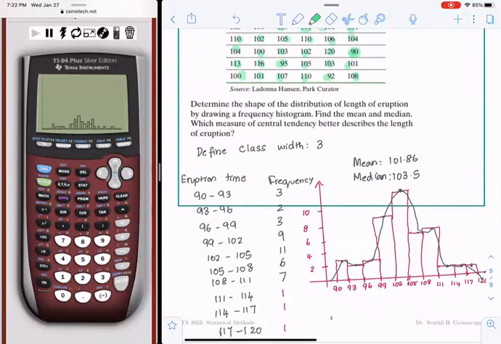So the better statistic in this case would be the median. As always, if we have outliers, then the median is better. You look at the picture, it looks like data with no skew, but at the same time, there are observations far away from the center. So the better statistic here would be the median.